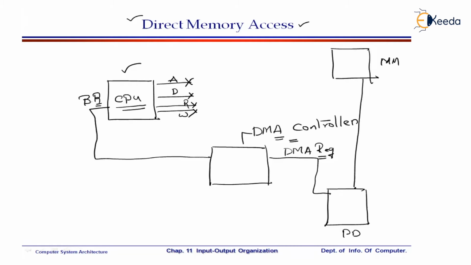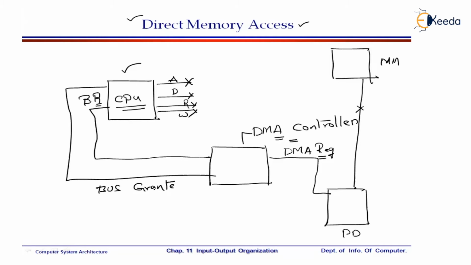The moment the bus system has been tri-stated, there will be a direct channel established between main memory and the peripheral device. So the CPU is going to tri-state the bus system and send an acknowledgement to the DMA controller saying that the bus has been granted.